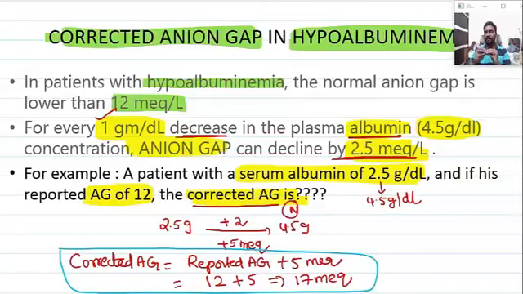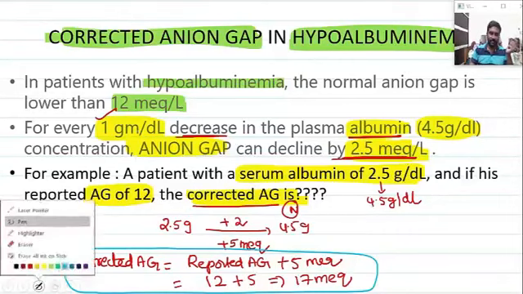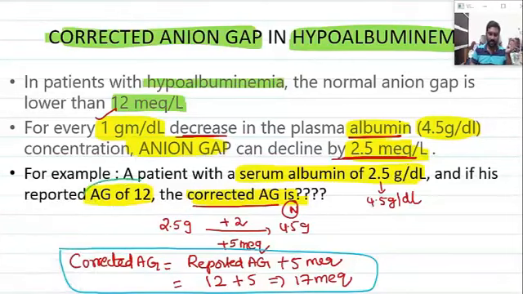So this corrected anion gap will help me to identify any causes of high anion gap metabolic acidosis in this given patient. So if at all I am not seeing corrected anion gap, what will happen? I think that this fellow is having anion gap of 12, so he is having a normal anion gap.